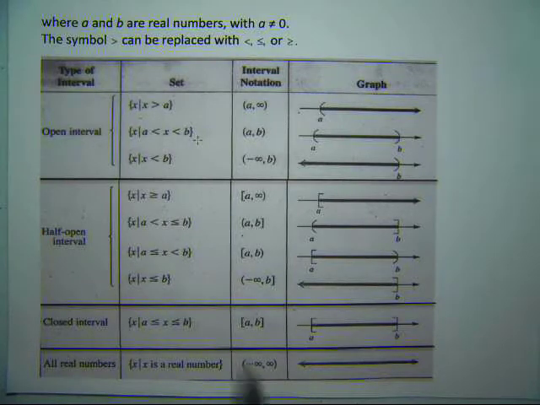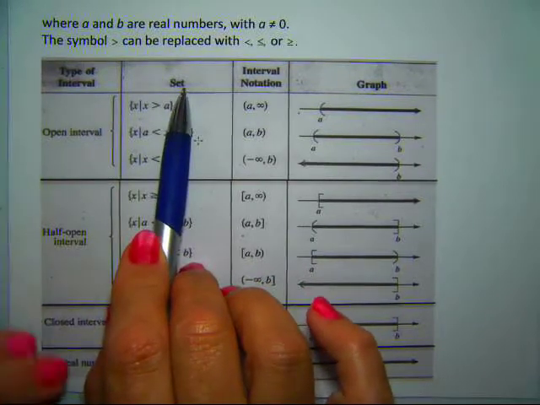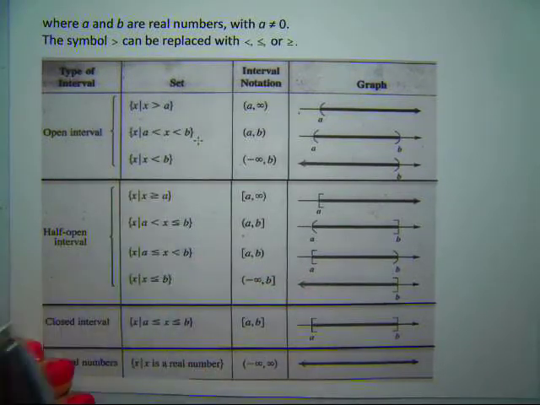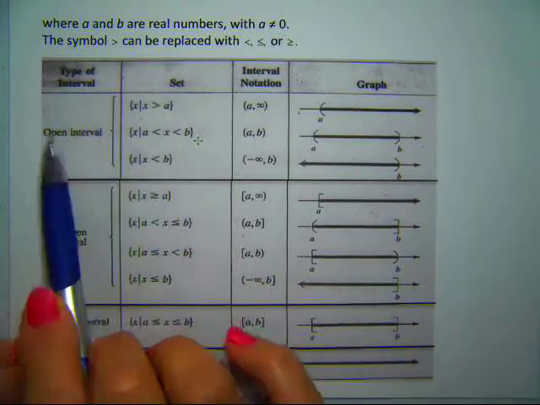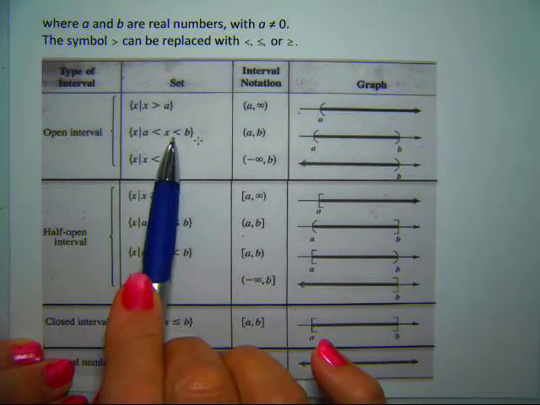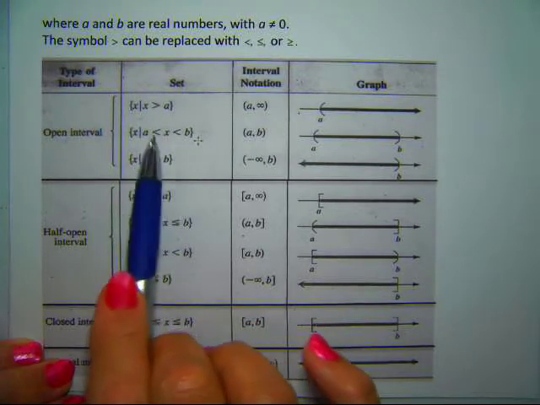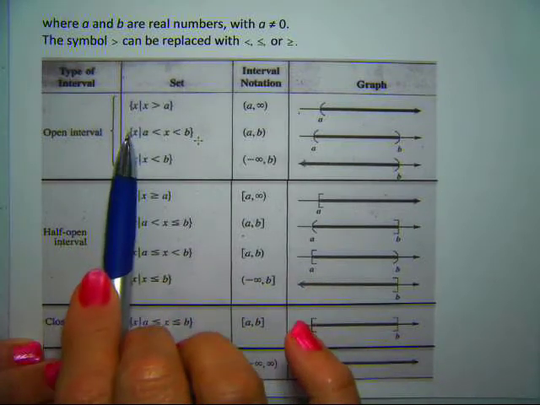This here is important. We are not going to use set notation in this course. When we solve, we end up with something like x greater than a, or x greater than a and less than b. We're going to get all that, but we are not going to use the set notation.